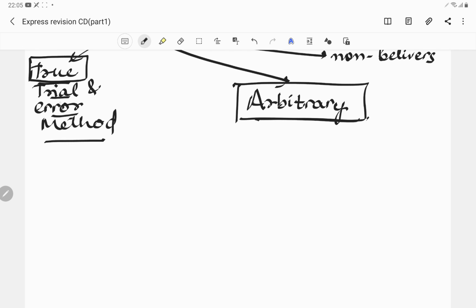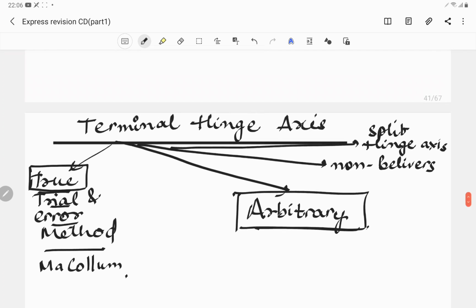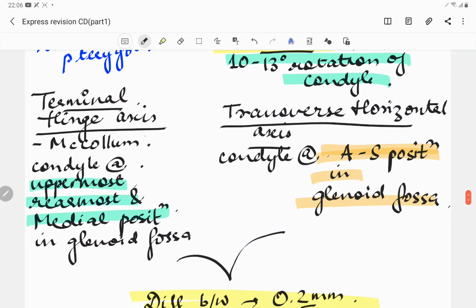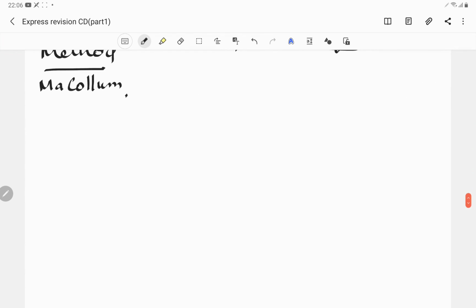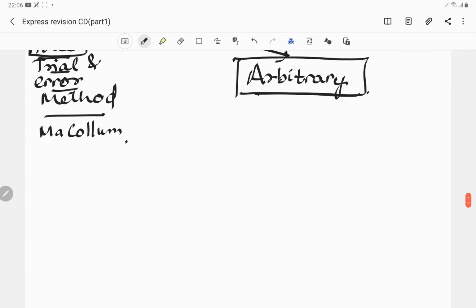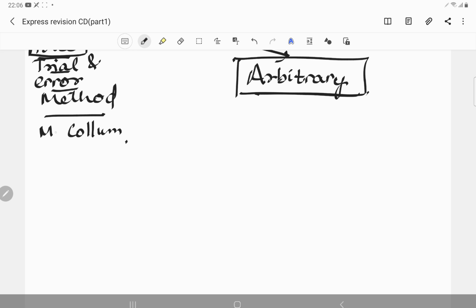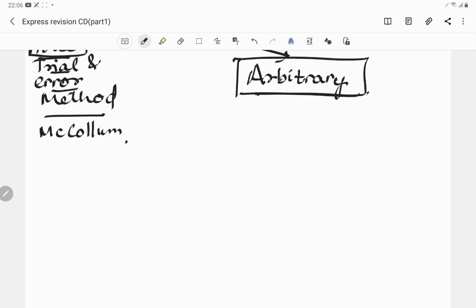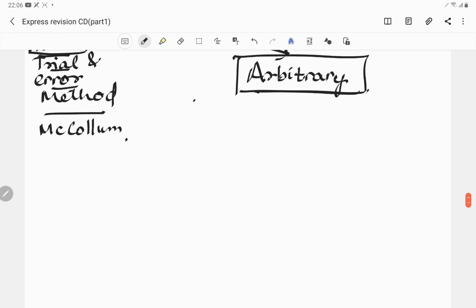So for the true hinge axis, we have got the trial and error method which was given by McCollum. McCollum gave the term hinge axis. I told you the terminal hinge axis term was given by McCollum and it was verified by Kohno. So that is why the true hinge axis method was also given by McCollum, the trial and error method. Talking about the arbitrary hinge axis, we have got many methods of locating.